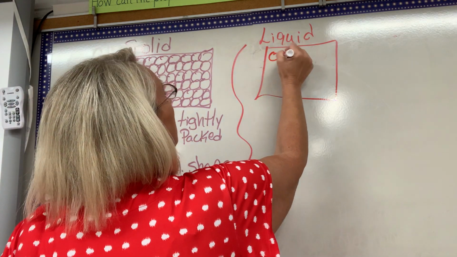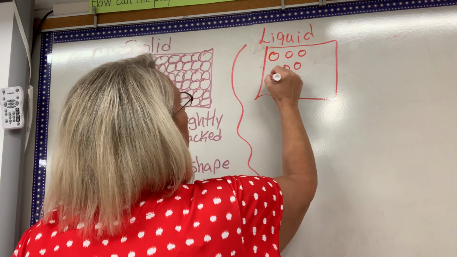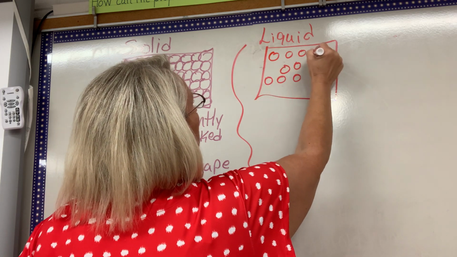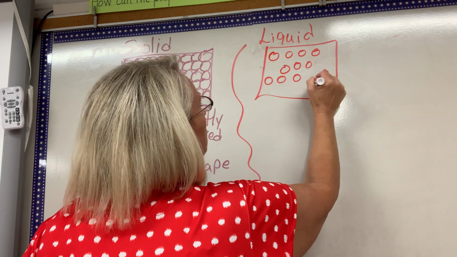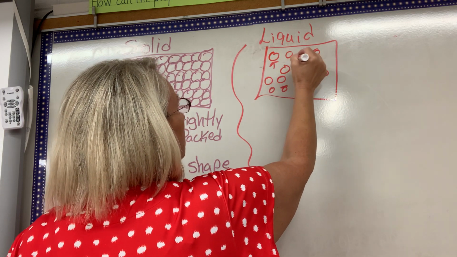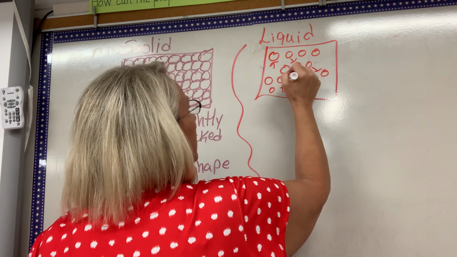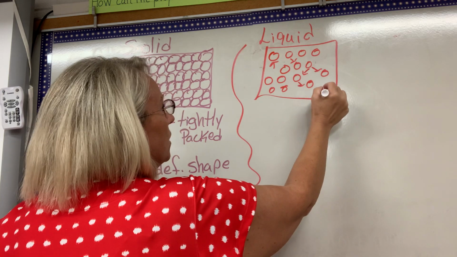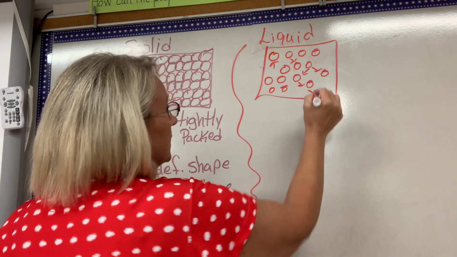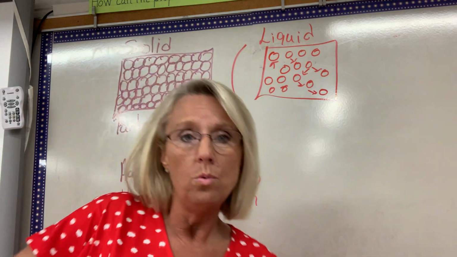We're going to give a little space in between them so that they can move. So I'm going to draw some arrows. This shows how they might be pinging off of each other. So there has to be space for them to do that.